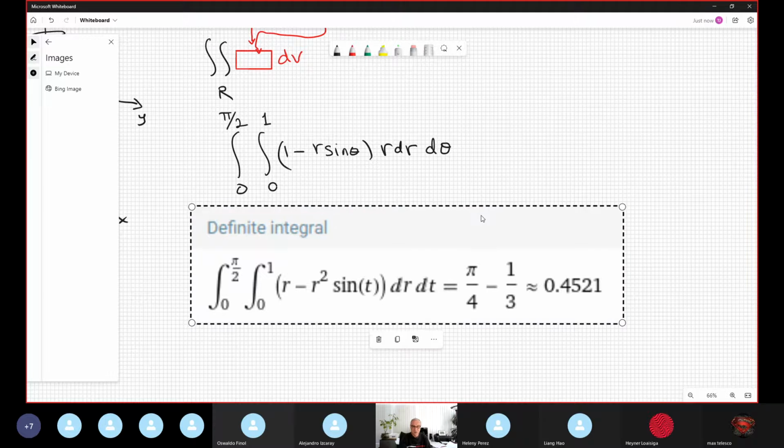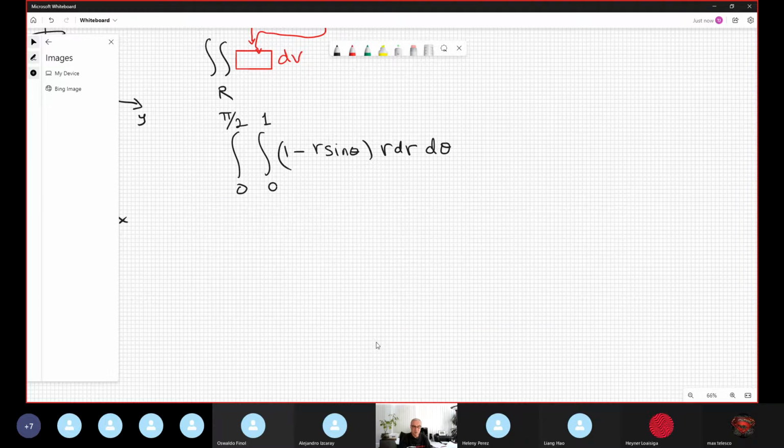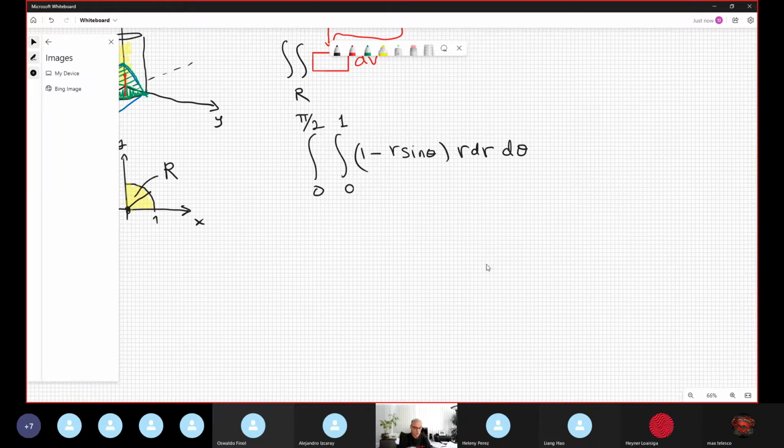Okay, now let's forget about this for a moment. Let's focus on the integral part. But first of all, I copy the first integral here, 0 to 1. Of course, you copy R squared, R times 1, so you distribute it, no?